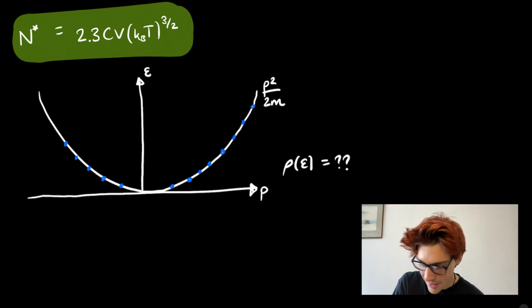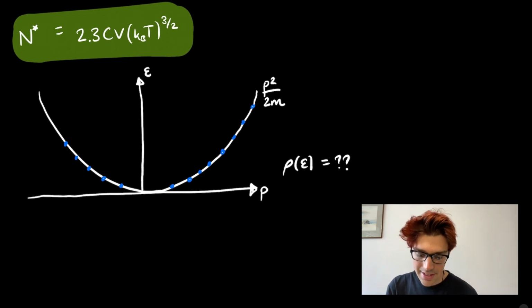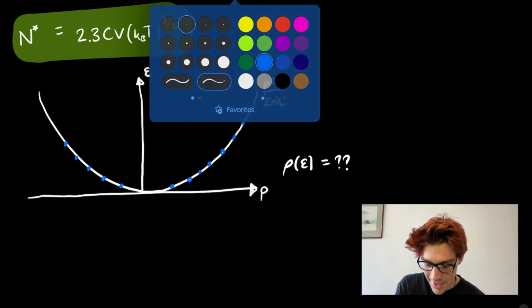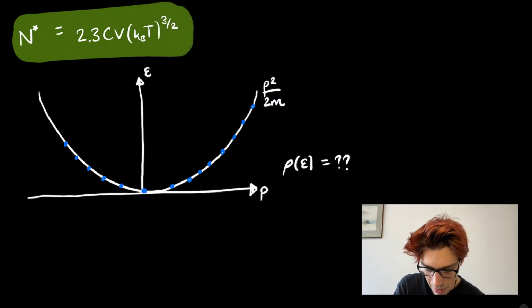Basically, rather than there being this fixed number, the same number of particles will still be there when you start cooling the gas. What's happening is that particles are starting to all pile up in this state right here.